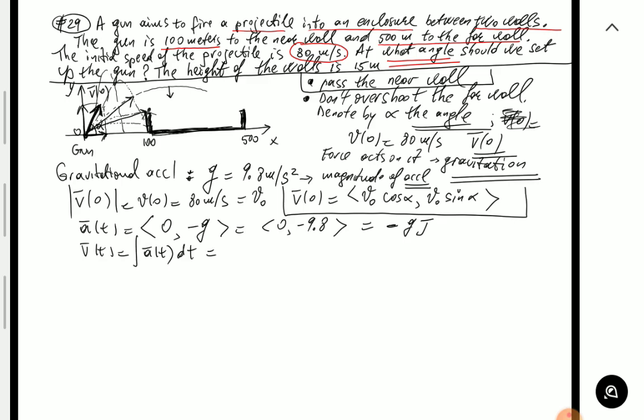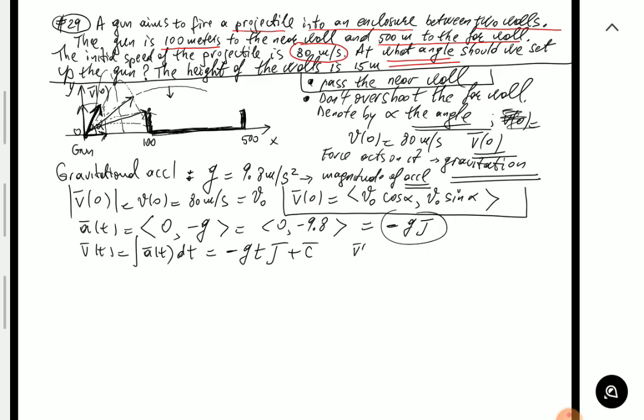And that's going to be, let's see, well, let's actually use this, probably is much better with the ij notation. So it's going to be minus g t j plus a constant of integration, which is a vector.